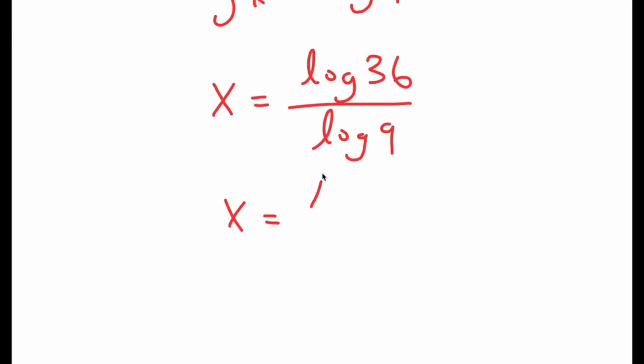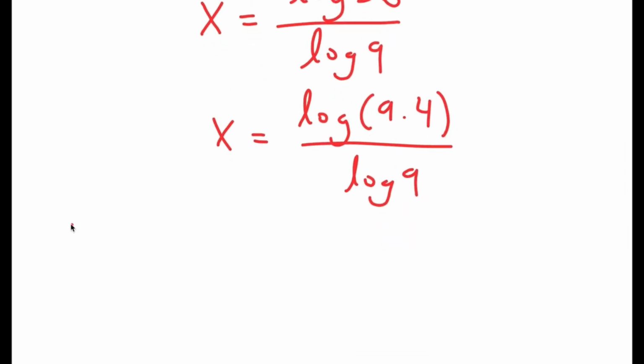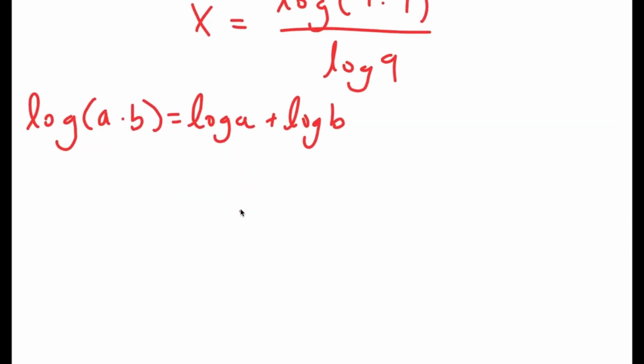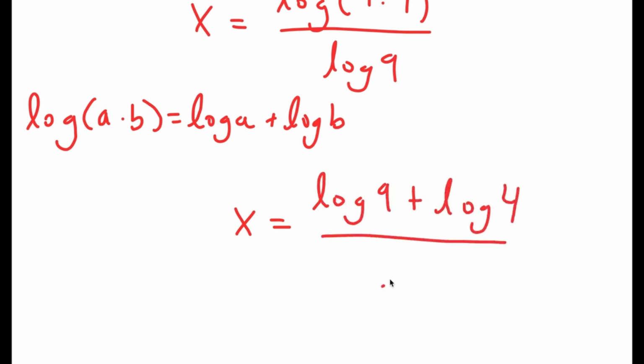Now, I'm going to rewrite log 36 as log of 9 times 4. So I did this because I can use the property log of a times b is equal to log a plus log b. In this case, this turns into log 9 plus log 4, and I have this over log 9.